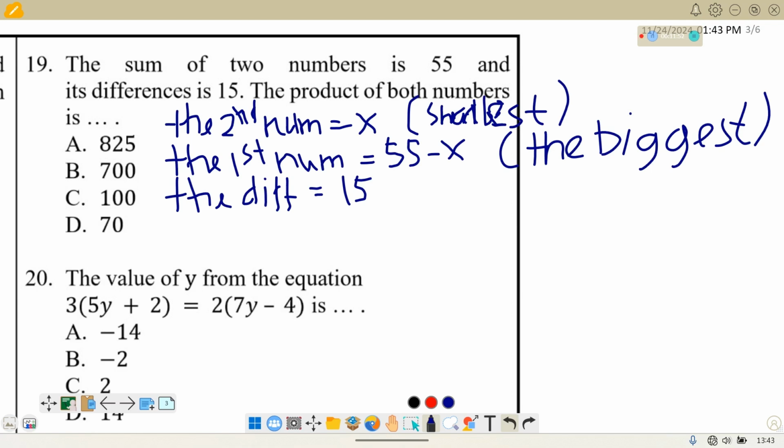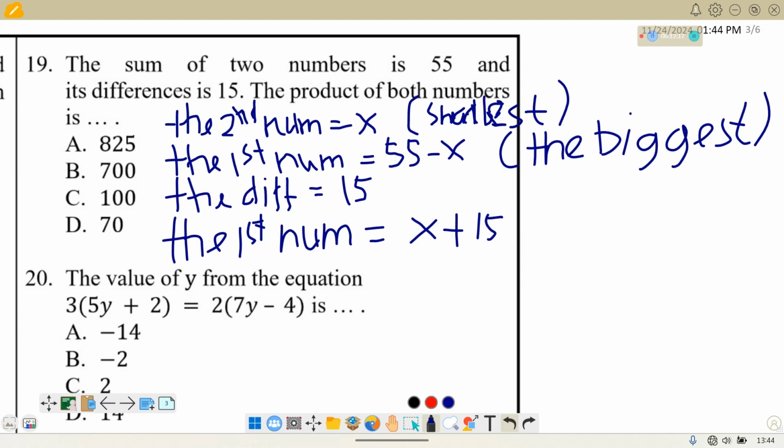So the difference is 15. So the first number, according to the difference, is x plus 15, because the first number minus the second number equals 15. So if you want to find the first number, it's supposed to be the second number plus 15.